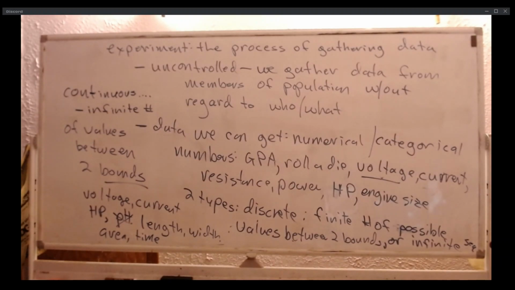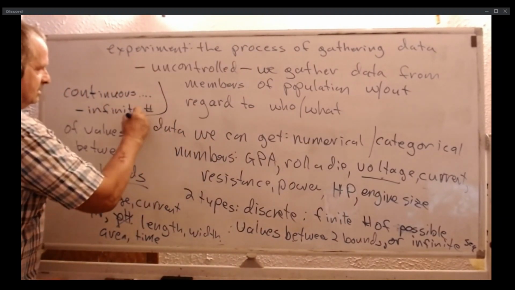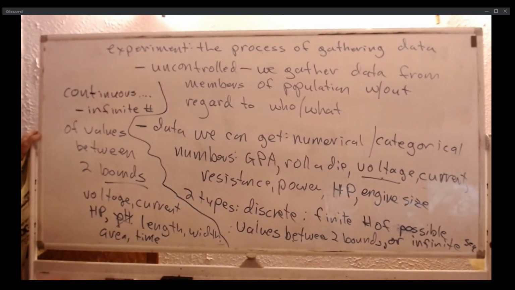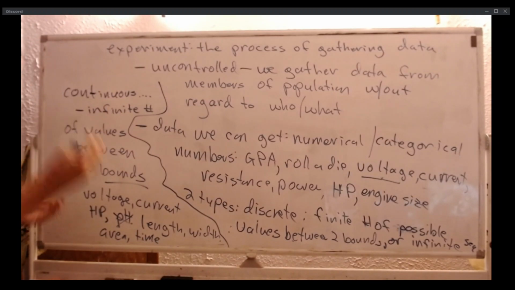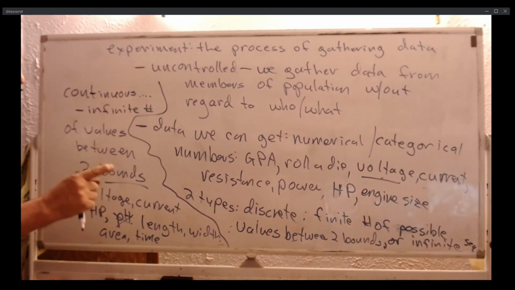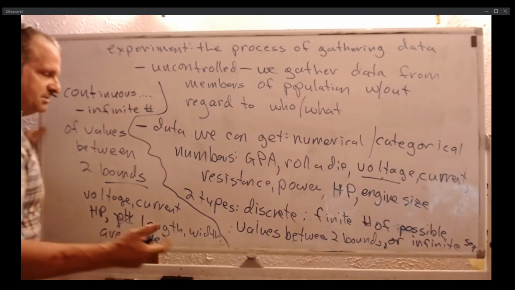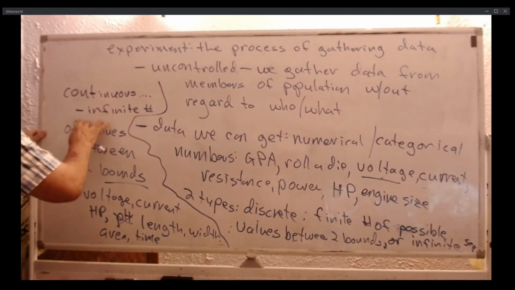Okay. And we've identified discrete and continuous, and we're treating them differently. The reason we have to do that, guys, is because the math that we're going to use for discrete data is different than the math we're going to use for continuous.